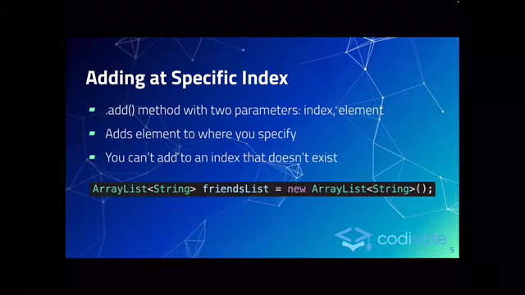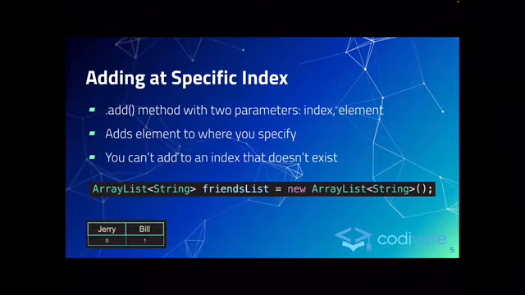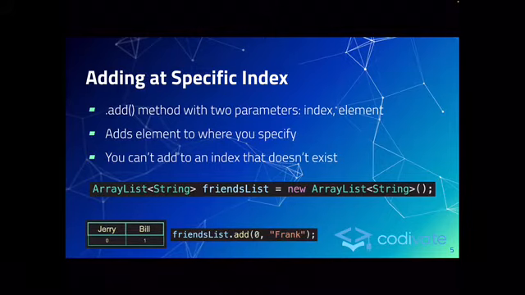Let's say you had the ArrayList of strings friendsList is equal to a new ArrayList of strings, and you added at position 0 Frank.